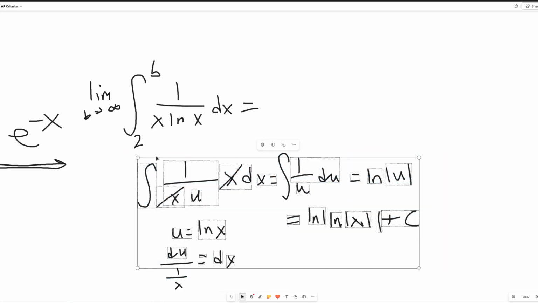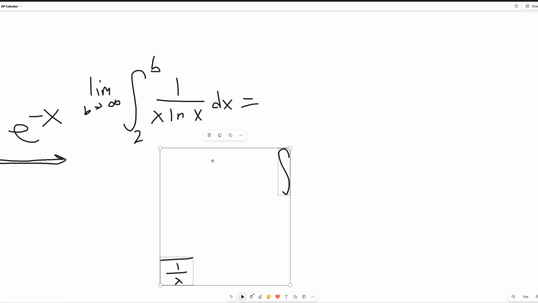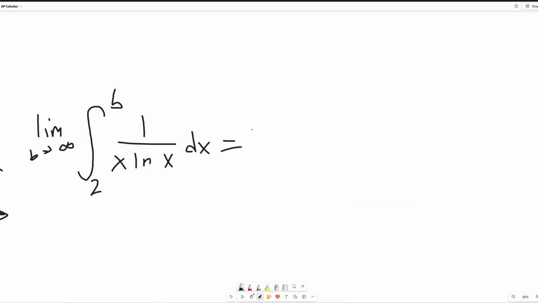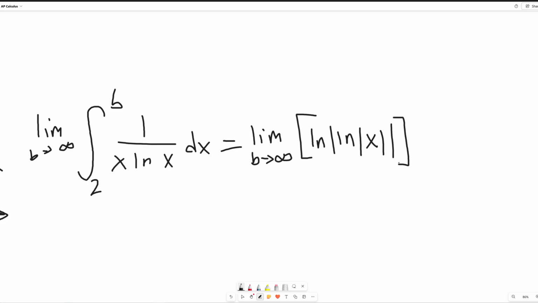So, doing that work down here, we have the limit as b approaches infinity of ln of x from 2 to b. Plug infinity into here. Ln of infinity is infinity.